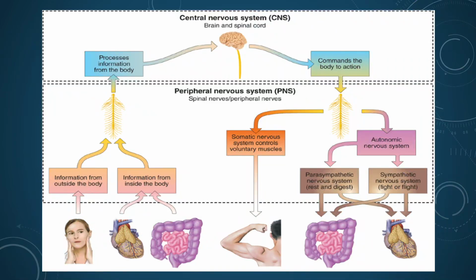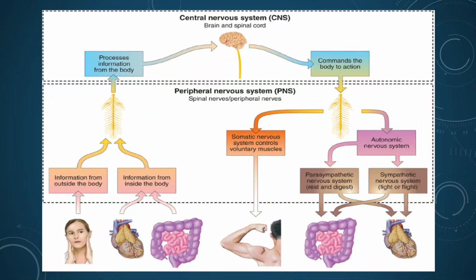The autonomic nervous system controls the many body functions that occur without voluntary control. So digestion, dilation, constriction of blood vessels, sweating, fight or flight response is an involuntary reaction.